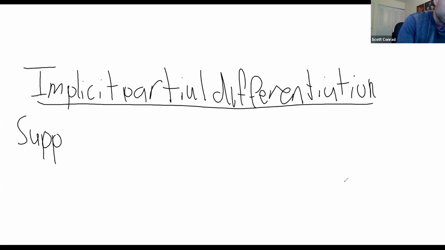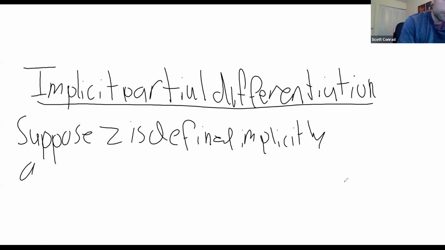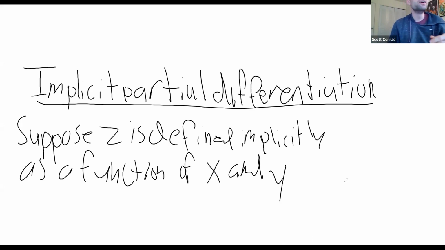So suppose z is defined implicitly as a function of x and y. For those of you who cannot read that, it says, suppose z is defined implicitly as a function of x and y.